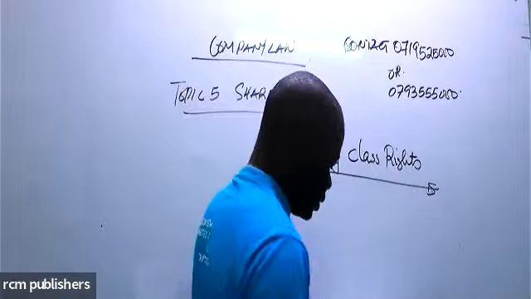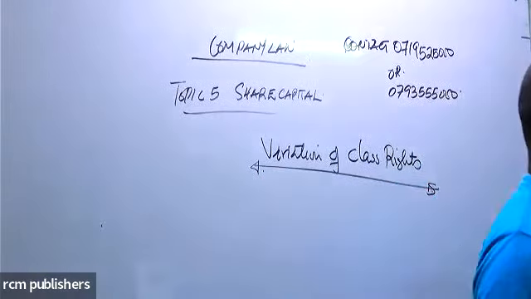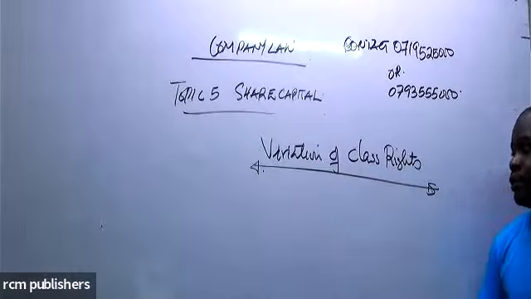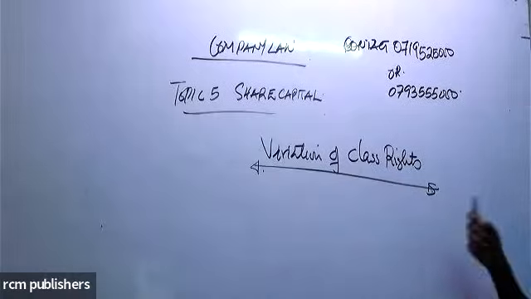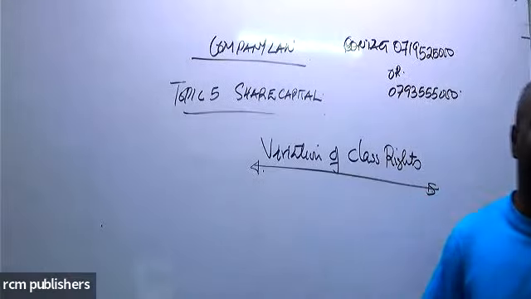So when you talk about class rights, these are simply rights attached to a class of shares. For example, we talk about the rights of a member of a company, the rights of a shareholder of a company. Of course, you can have different classes of shares in a company.